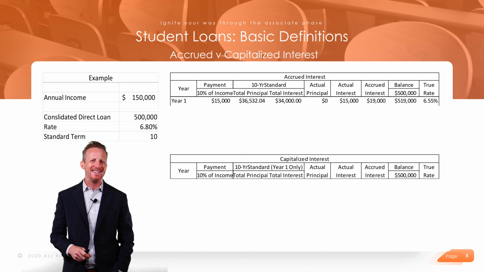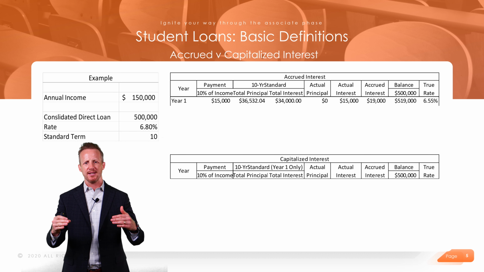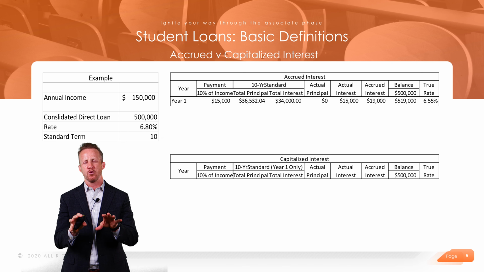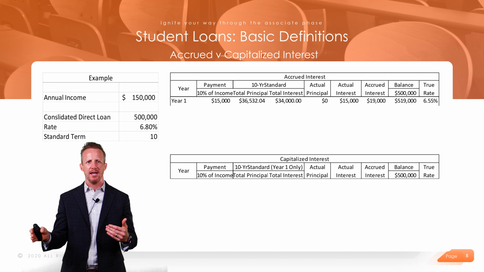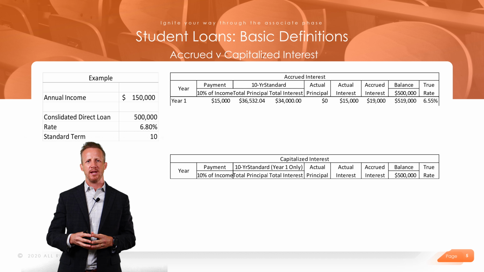Now, when you come out of dental school, right when you come out and you're now working, the government says your standard repayment plan is a 10-year repayment plan. As you can see up there, we have a standard term of 10 years at 6.8%.